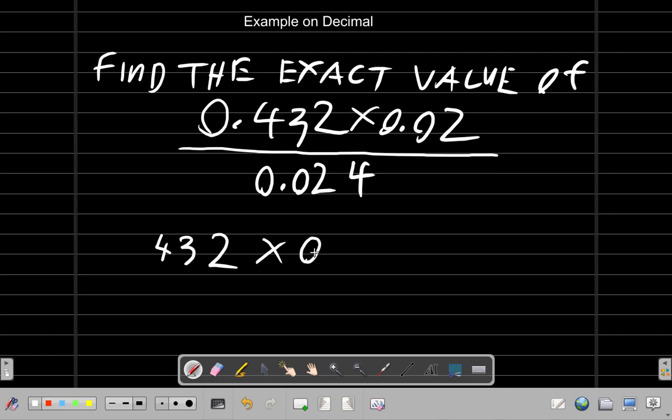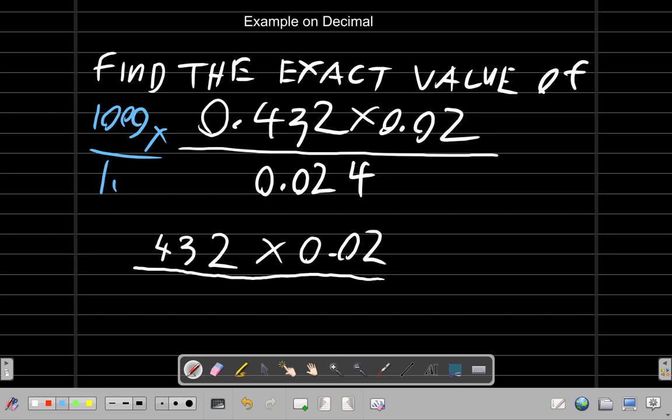That times 0.02. But guess what now? If you multiply the top by 1,000, you must multiply the bottom by 1,000. Because multiplying the numerator alone by 1,000 means you've increased the number 1,000 times.